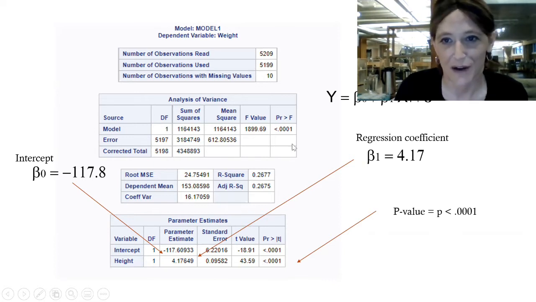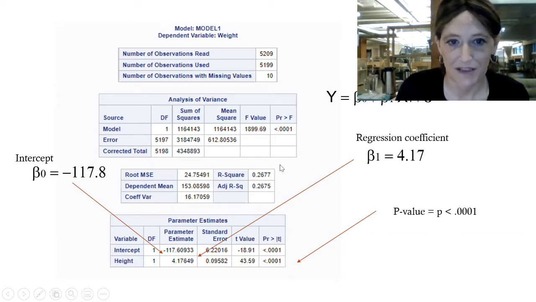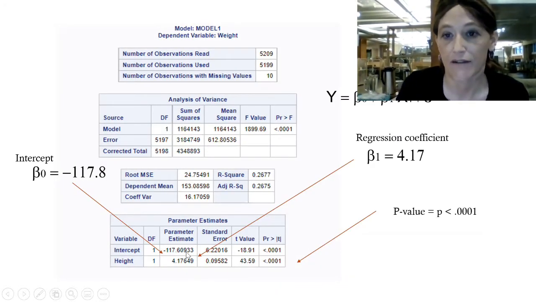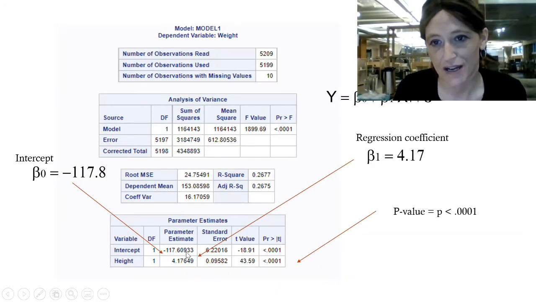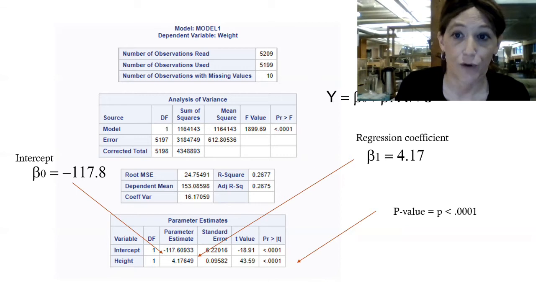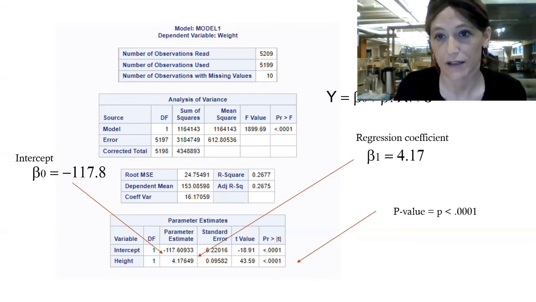There's a bunch of other output up here, which I'm not going to get into right now, but this is the parameter we're interested in from this output. It's basically saying that for every 1 unit change in x, or 1 inch increase in height, we would expect a 4.17 increase in weight.